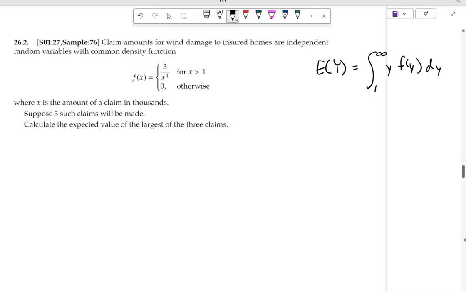How are we going to define our y in this case? It'll be the maximum of the 3, right? This is the largest of the 3 claims, so I need the maximum. Using the formula we came up with before, not worrying about the specific distribution for x, what was our formula for the PDF of the maximum?